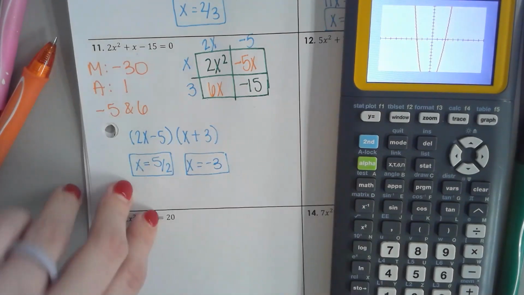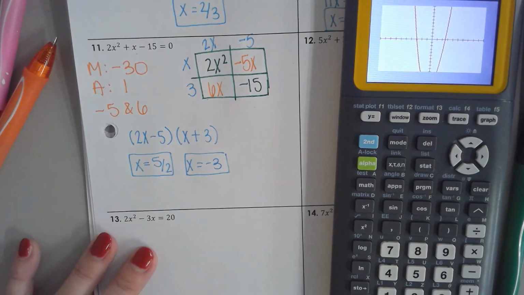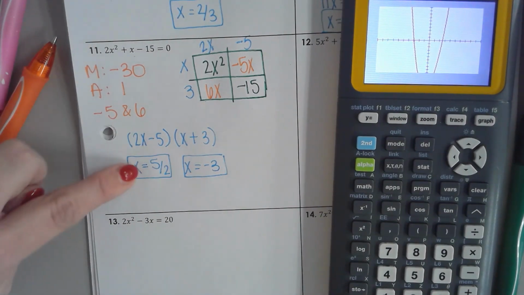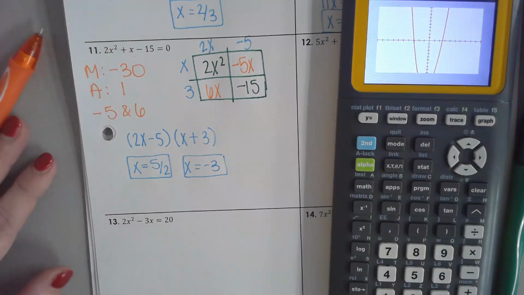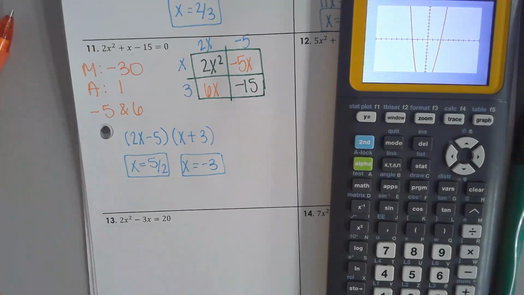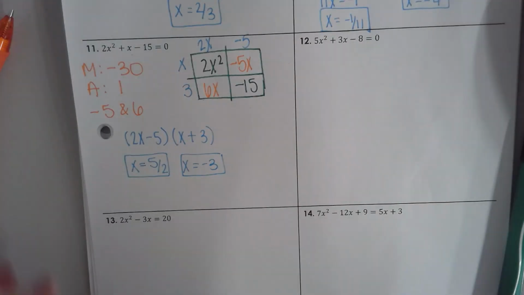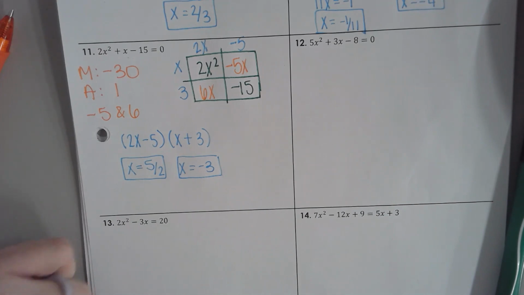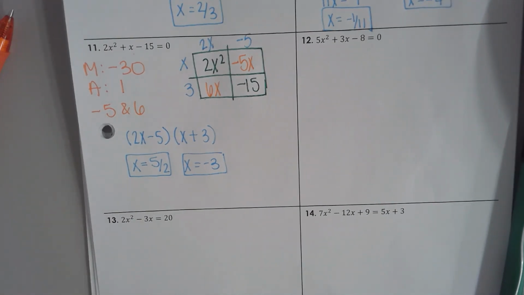I can do those 2 steps in my head. If I see this written out, you don't have to put equals 0. You don't have to put plus 5, divide by 2. But if you don't put that work and you get the wrong answer, I cannot give you partial credit. So you're taking that risk.